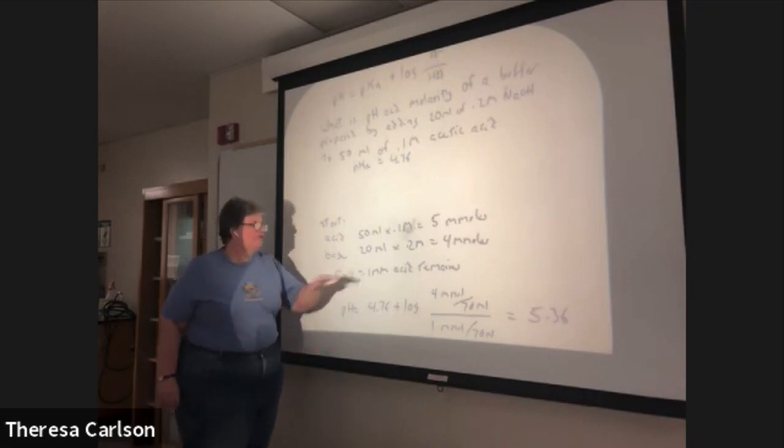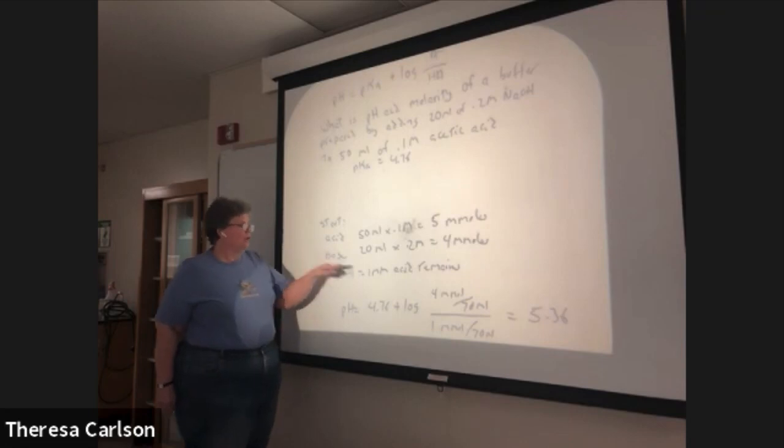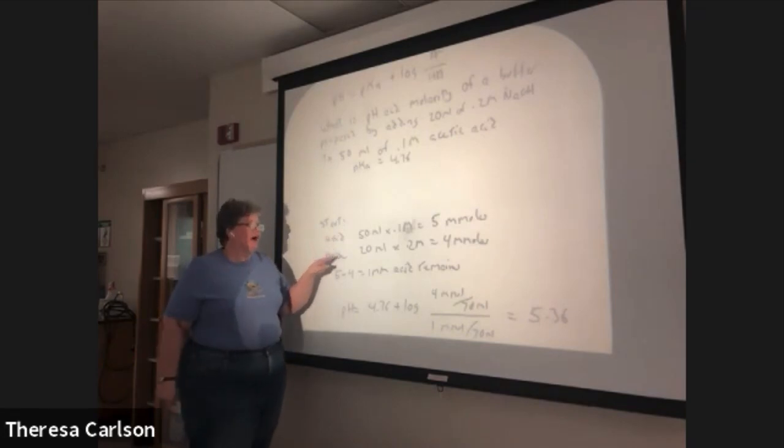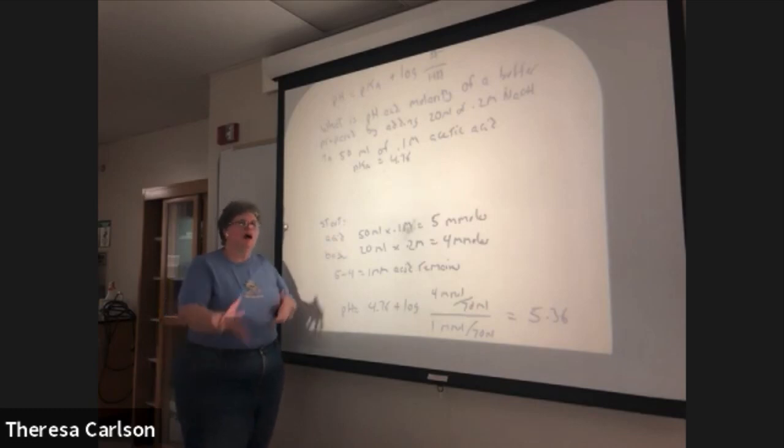So you still have 1 millimole of the acetic acid, 1 millimole of the HA left, and now you have converted 4 millimoles of that to your A minus, your conjugate base form.